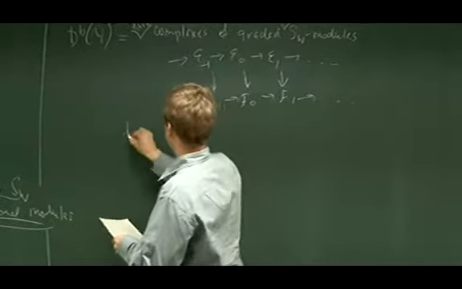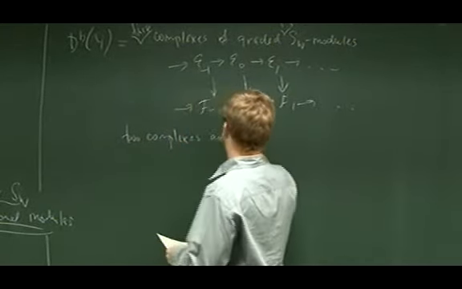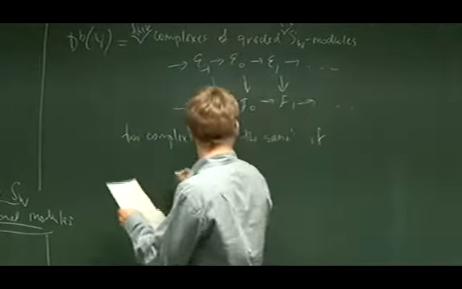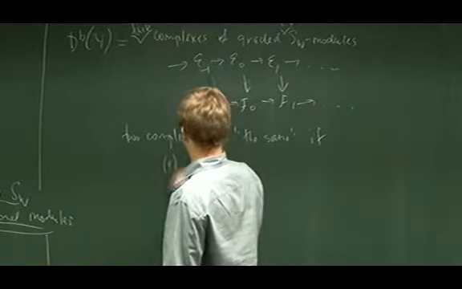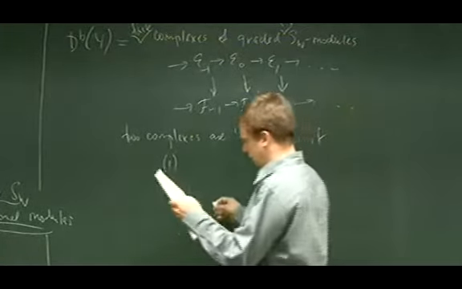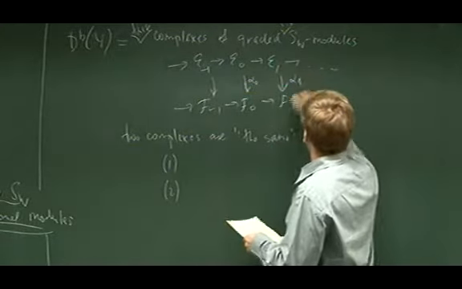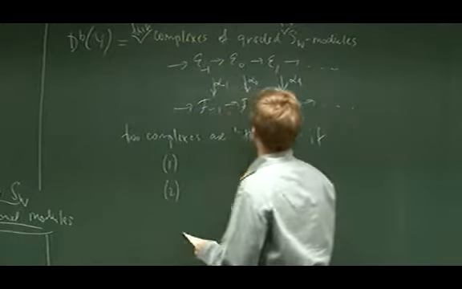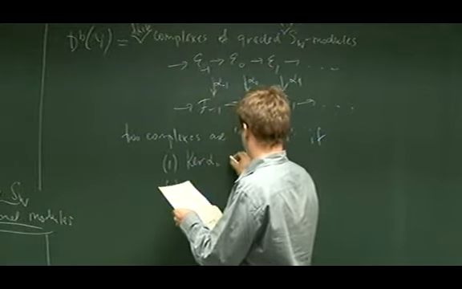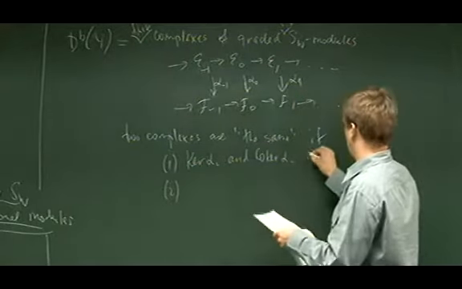But we want to say that two complexes are the same if, well, we want to describe two situations. In both of them, we'll think of complexes as being the same. In the first situation, if this arrow is alpha 0, alpha 1, alpha minus 1, we say that the kernel of alpha I and cokernel of alpha I are finite dimensional.